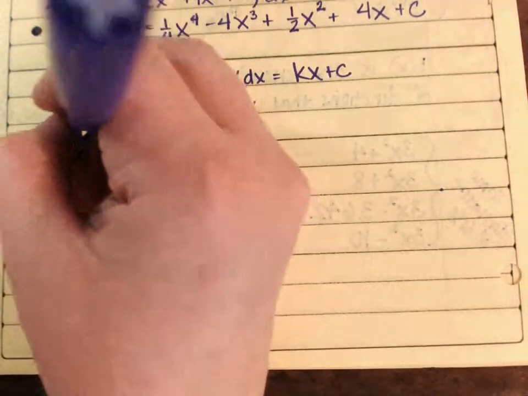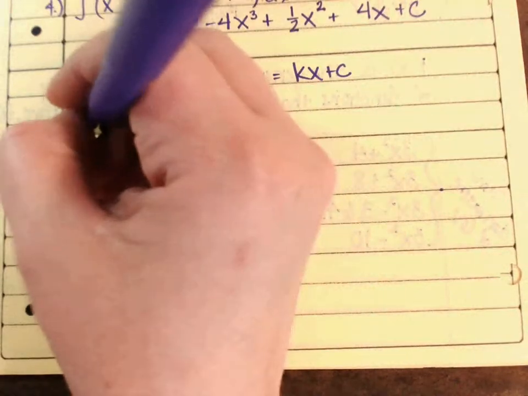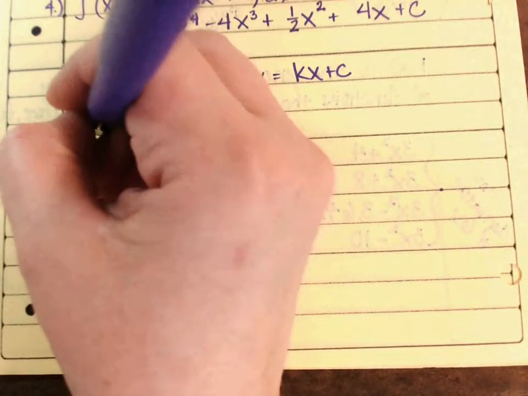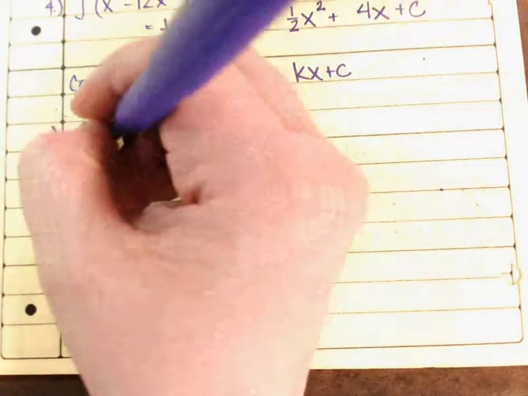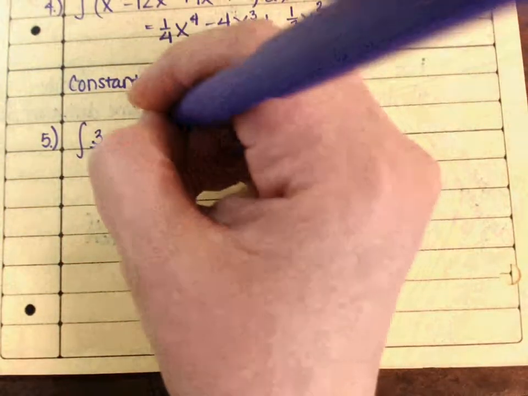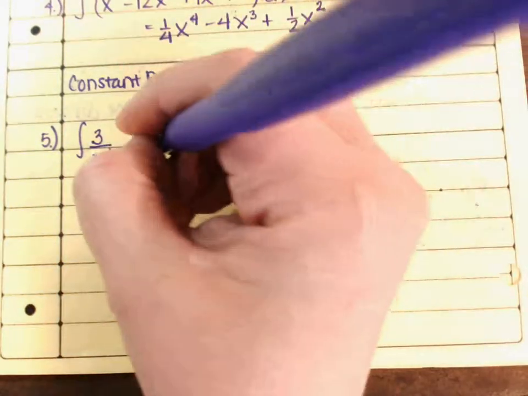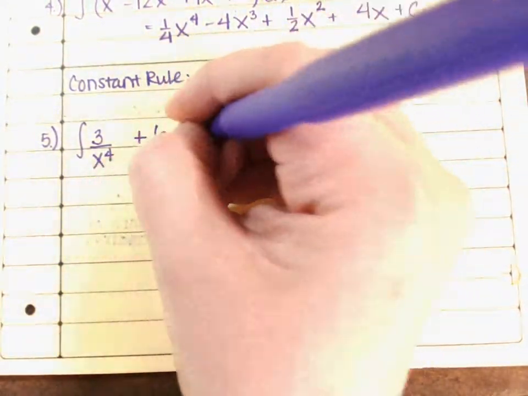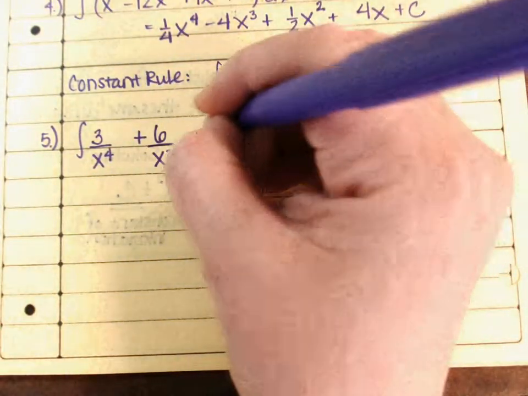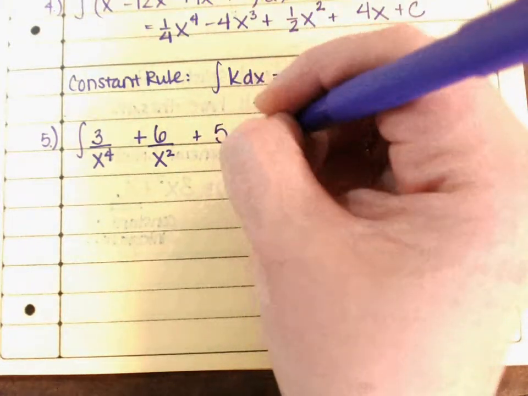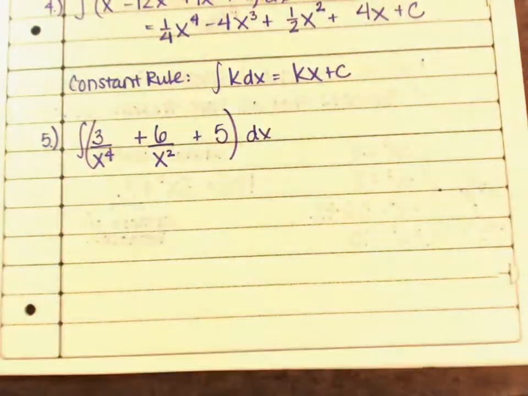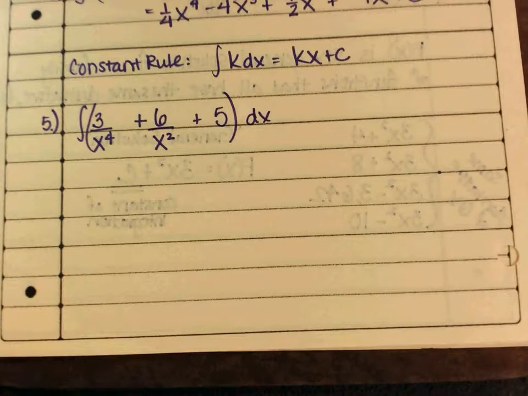Next one, we're going to do the integral of 3 over x to the 4 plus 6 over x to the 2 plus 5. Now, I want you to think back to all that we did first semester, right?